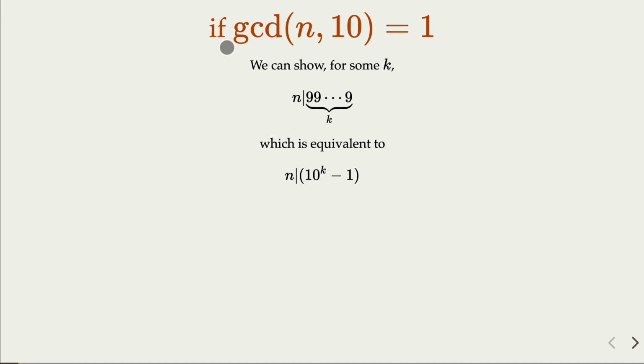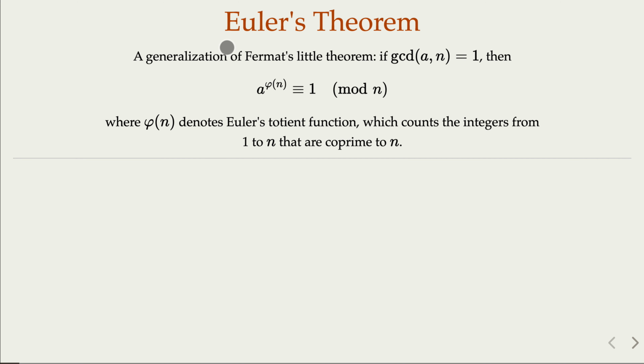If we know n is relatively prime to 10, what we rely on is what is called the Euler theorem. That is an extension of Fermat's little theorem, which is very famous, for prime modulus. But Euler's theorem is about a general modulus n.